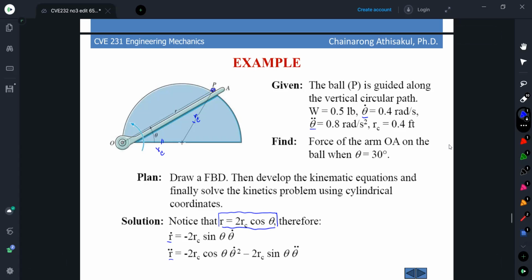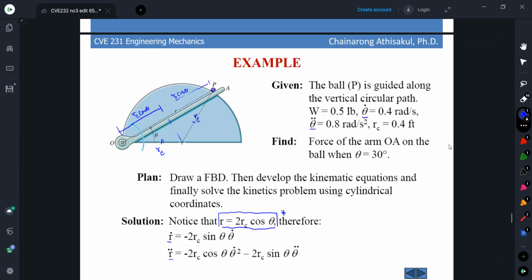What does it mean? This is angle theta, right? So this is equal to r_c cosine theta. And because we have two radii, this is r_c cosine theta also. So r becomes 2 r_c cosine theta.